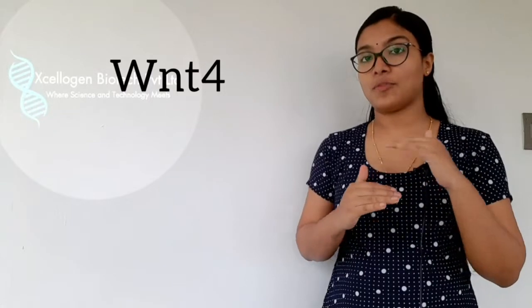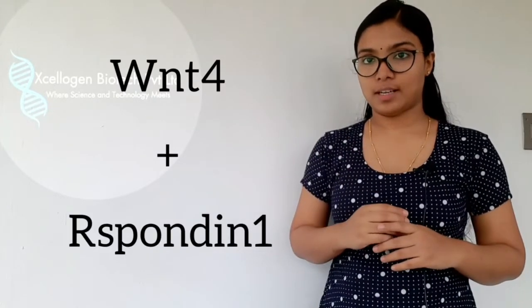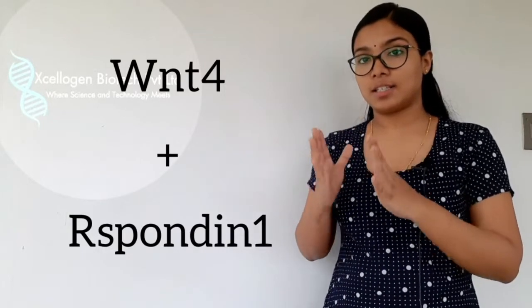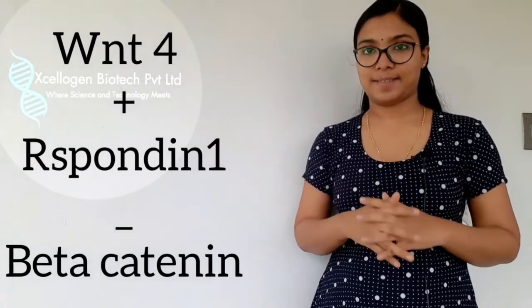Along with this WNT4, which is already present in small amounts in the gonadal epithelium, R-spondin 1 protein, a small soluble protein, is also expressed. WNT4 in synergy with R-spondin 1 acts to produce beta-catenin. This beta-catenin will lead to the development of the ovary, and it also blocks the action of the SOX9 factor.